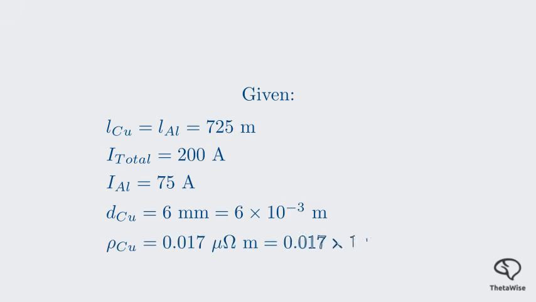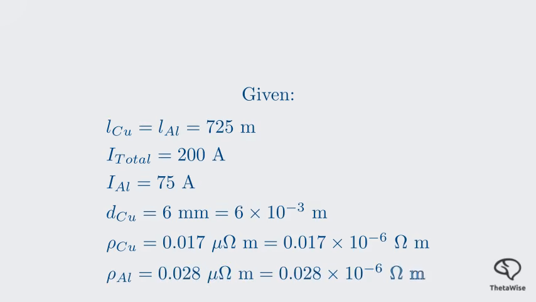The resistivity of copper is 0.017 micro-ohm meters, which converts to 0.017 times 10 to the minus 6 ohm meters. And the resistivity of aluminium is 0.028 micro-ohm meters, converting to 0.028 times 10 to the minus 6 ohm meters.